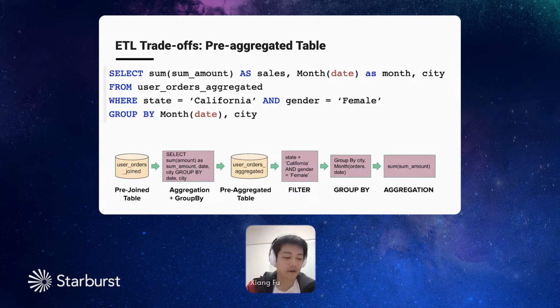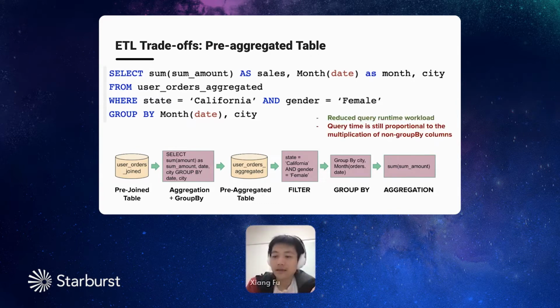So these 12 million rows are the data size you want to do the aggregation on, based on this pre-aggregated table. So in this case, we pre-aggregate all the data based on those dimensions, and then we can rewrite this query to something like here. Basically, we just filter on the state and the gender, and then we group by the months of the data and the city, and then we will get what we want.